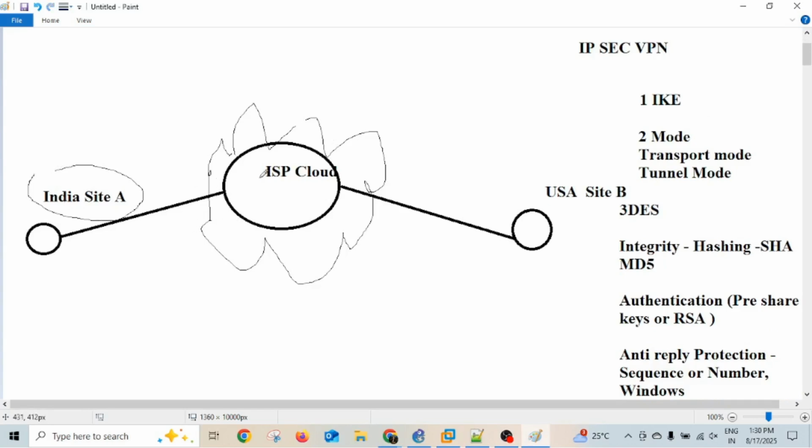So it works like this: there is a public internet here, and here also a public internet. Over this internet, we can configure the IPsec VPN for securing our private data. So what does IPsec VPN do? There are two modes: transport mode and tunnel mode.